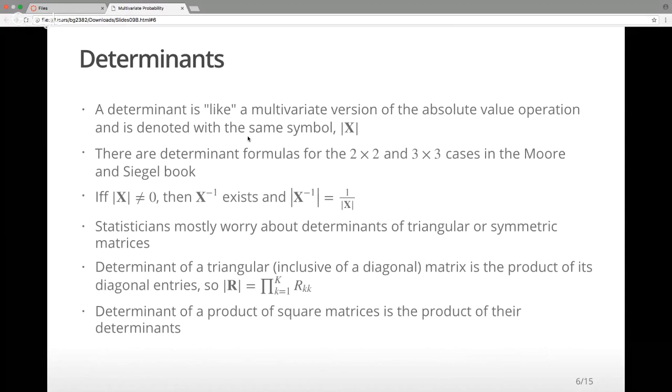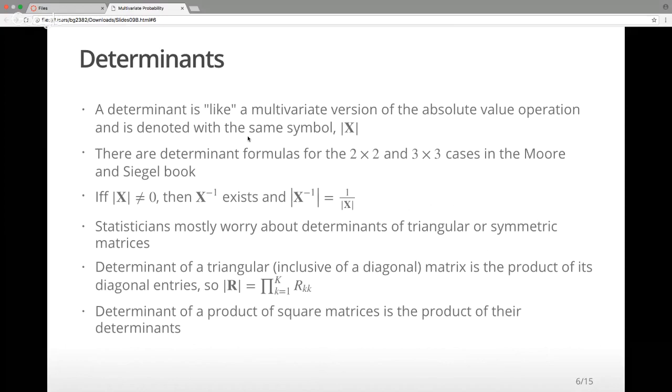And because it's kind of like the absolute value or the magnitude or the volume, it's denoted with the same symbol as absolute value, 2 vertical bars. But if it has a matrix in the middle, it's the determinant, which is kind of a generalization of the idea of the absolute value of a scalar.